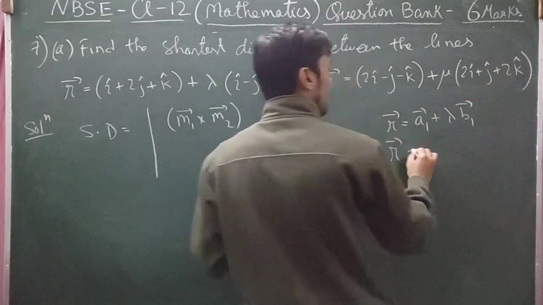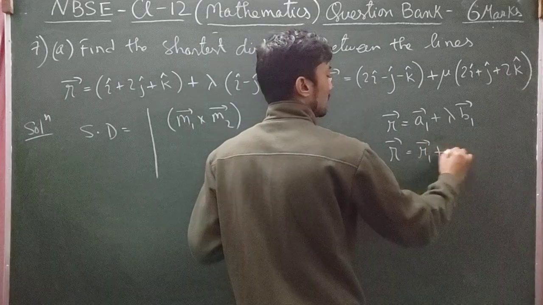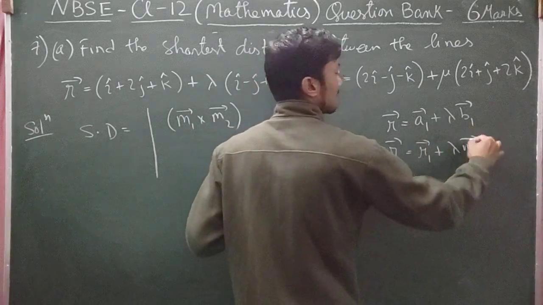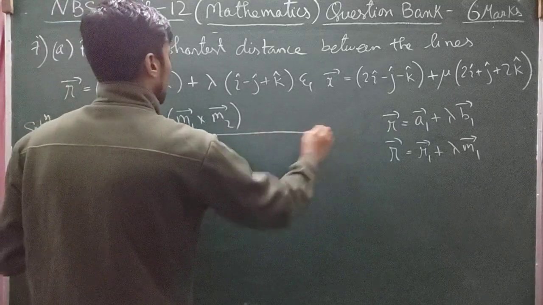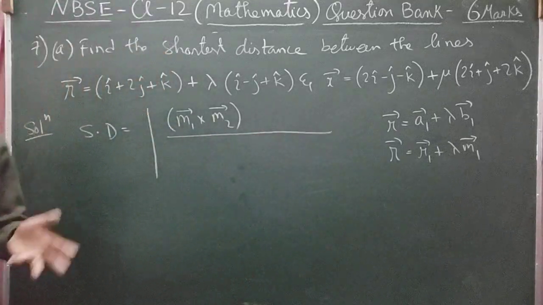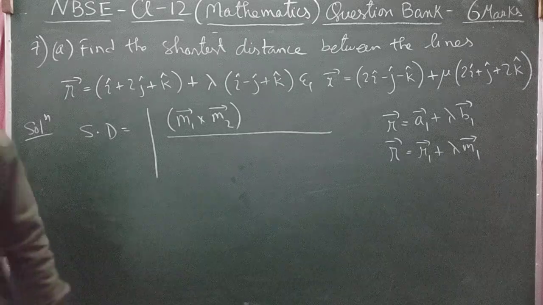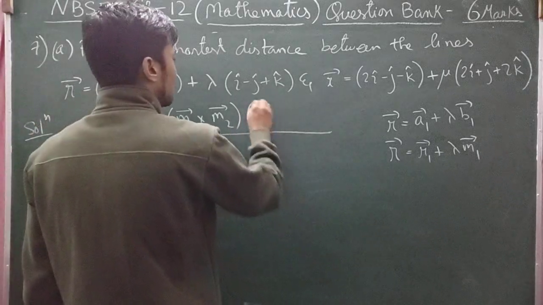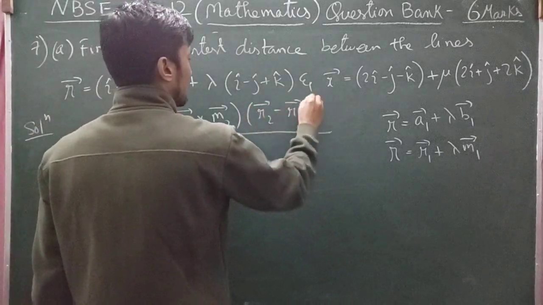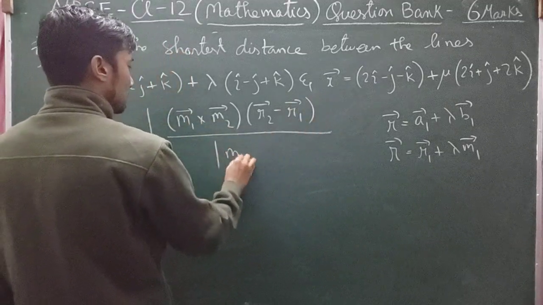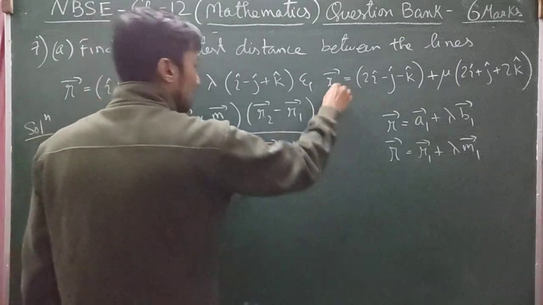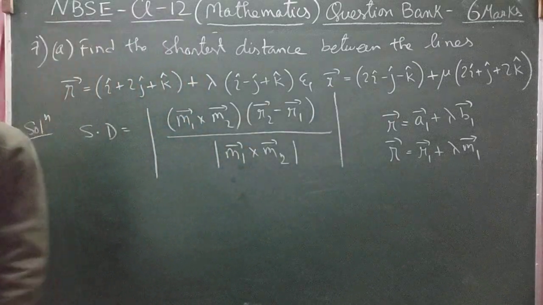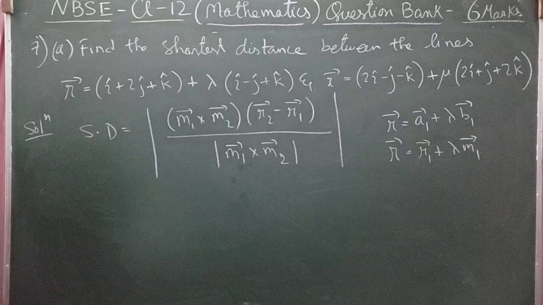For us, we are comparing it with r1 vector plus lambda m1 vector. So the names don't mean anything, as long as our concept is the same. And this is r2 vector minus r1 vector dotted with m1 cross m2, divided by the magnitude of m1 cross m2. So this is the formula for the shortest distance between two lines.